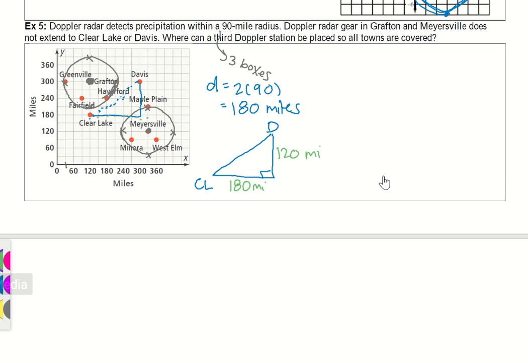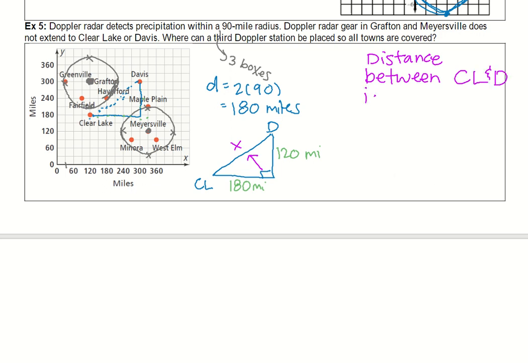So actually, without even solving this, don't I know that the distance needs to be bigger than 180 because it's literally the hypotenuse, which is the longest side. So the distance between Clear Lake and Davis is more than 180 miles.